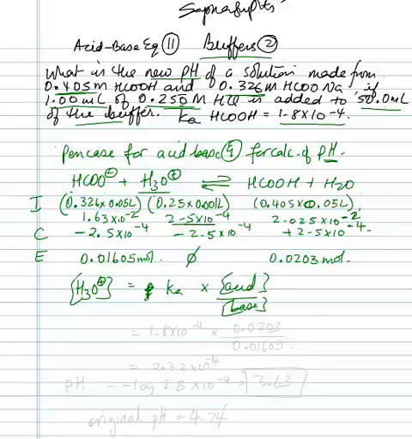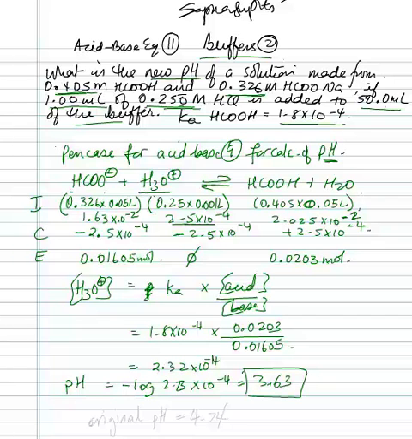So 1.8 times 10 to the negative 4 times 0.0203, that's our acid, and the base is 0.01605. And so then this is 2.32 times 10 to the negative 4. And then the pH is negative log of 2.32 times 10 to the negative 4, which is 3.63.